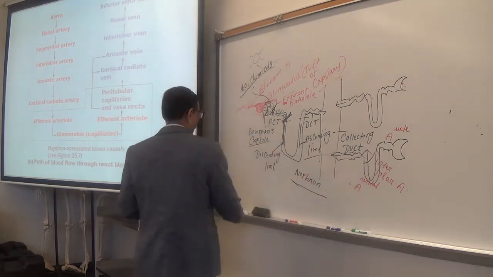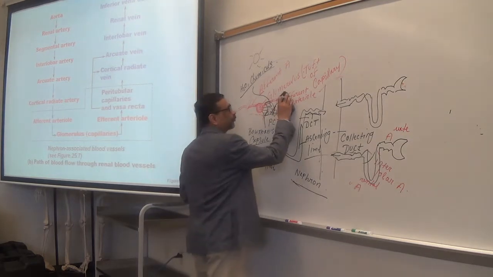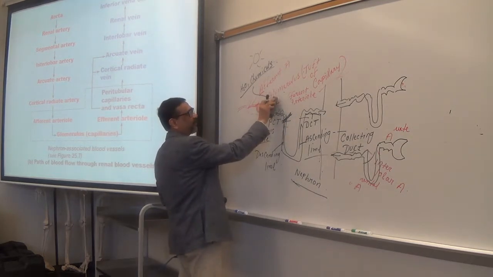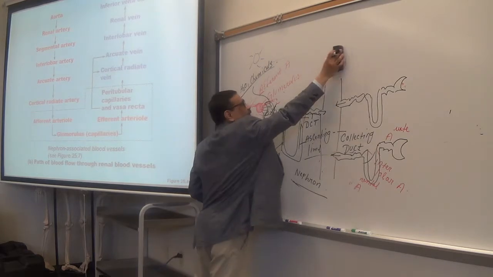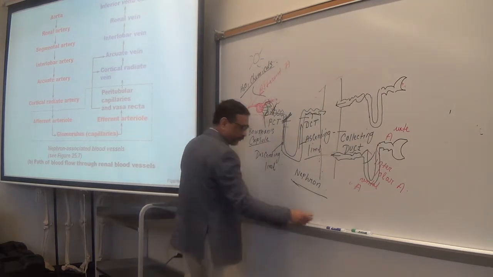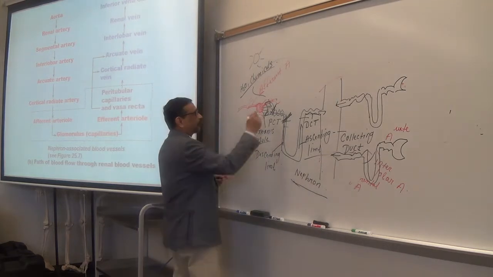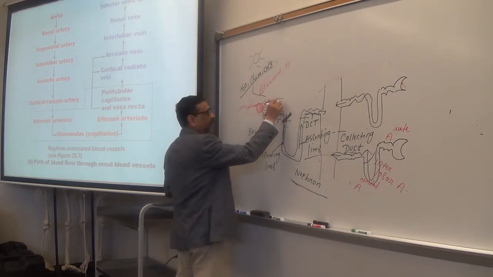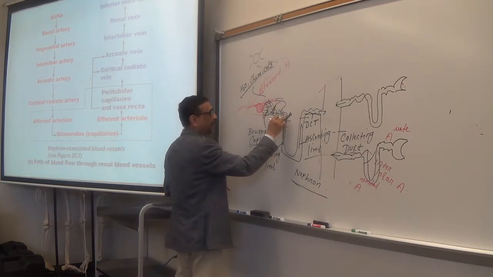So let's see what happens. So you already know this is the efferent arteriole. So efferent arteriole can form 2 other capillary structures.